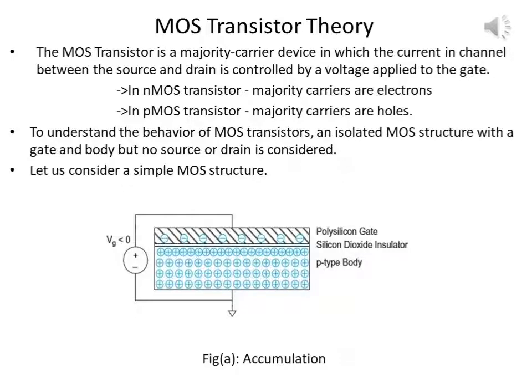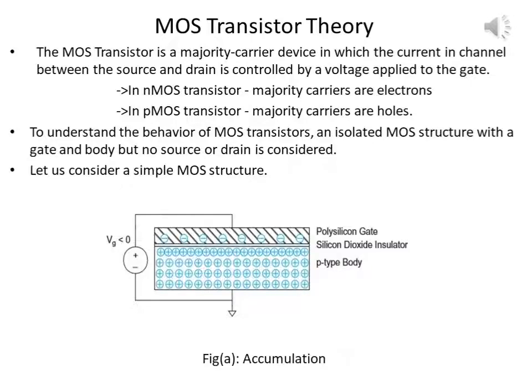The MOS transistor is a majority carrier device in which the current in the channel between source and drain is controlled by a voltage applied to the gate. In the MOS structure, there will be a gate, a source and a drain.